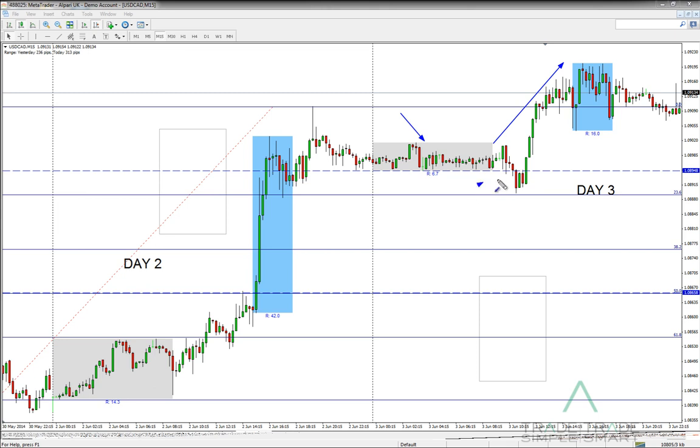We can see the stop run formation take place where the retail orders have been absorbed, and then ultimately the market moves to the upside, completing the 3-day cycle. So very simple and very straightforward. We're simply going to be looking for manipulation levels in line with the previous 2 days cycle.